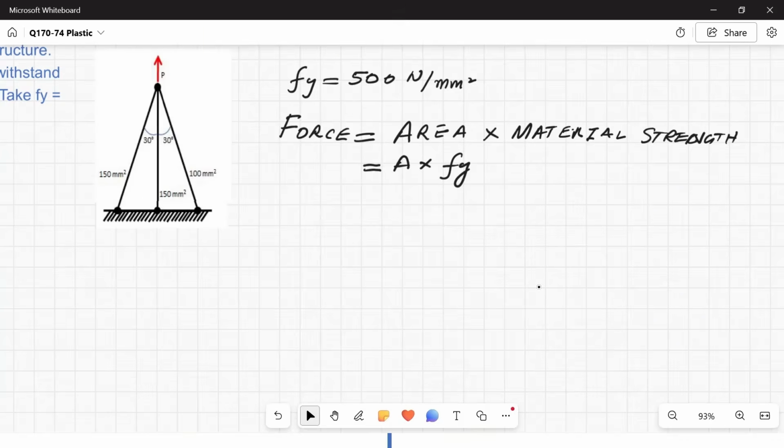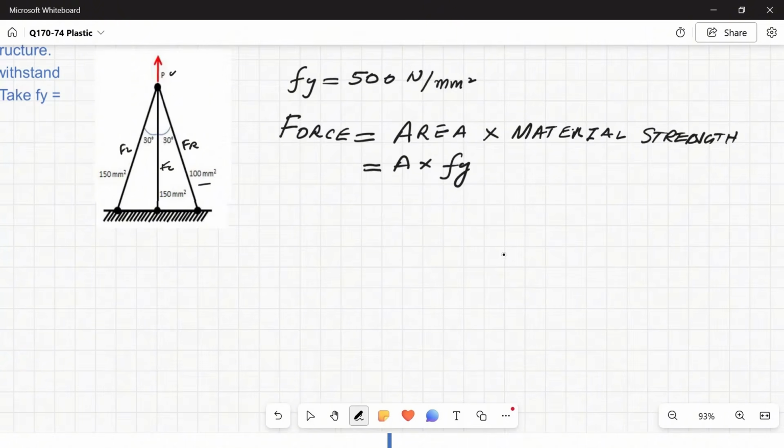As there are three ropes connected with this tripod, I will say that the left one will have a force of Fl, the right one will have a force of Fr, and the central one will have a force of Fc. Area of each element is given. We have to find out how much force is taken by this tripod using plastic analysis.